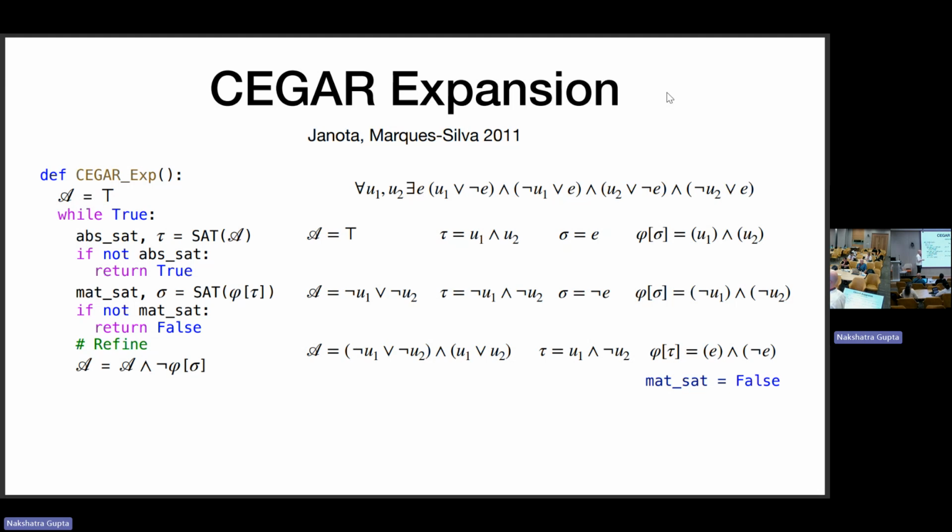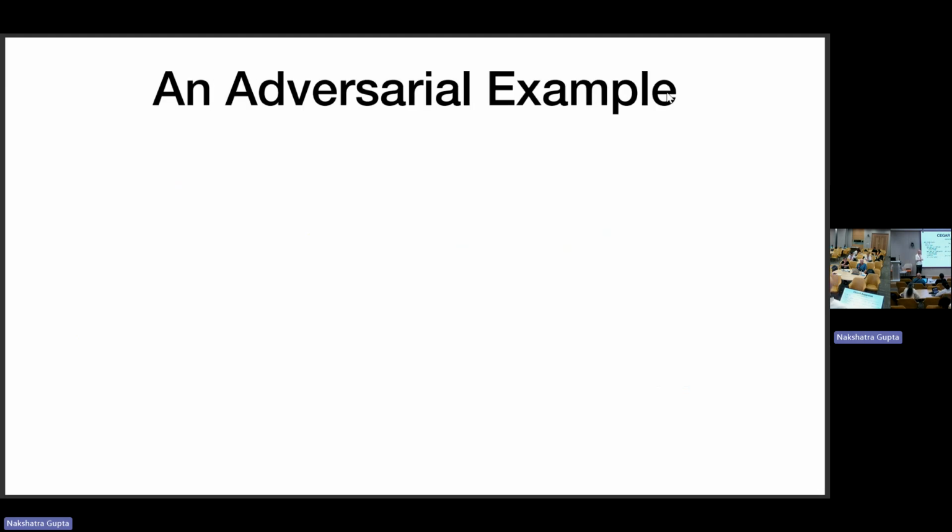Okay, so that's CEGAR expansion for all-exists prefixes. And I argued that in certain cases, using this abstraction can help you get to a solution more quickly. However, there are very simple formulas where this algorithm just doesn't work well.